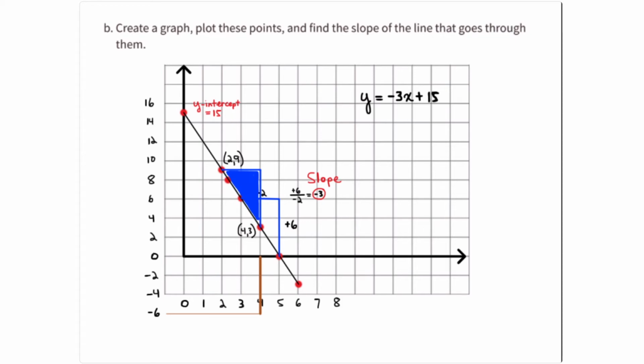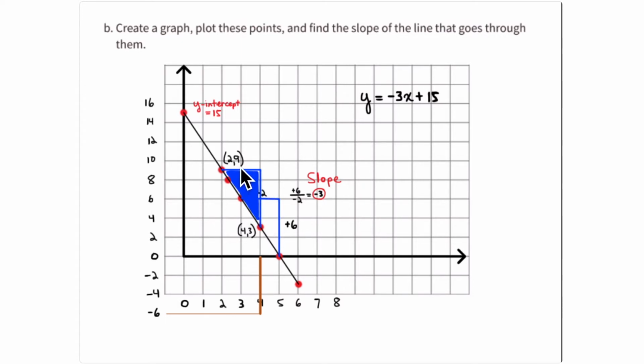When we calculated the slope before, we used the movement of slope triangles to visualize what was happening as we were making that calculation. So this is the same calculation that we just did. We started at this point, 2, 9, and we moved to this point, 4, 3. So this was the ending point, and this was the beginning point. To figure out the slope, you take where you ended and subtract where you started, because you want to figure out the length along the x-axis and the length along the y-axis.